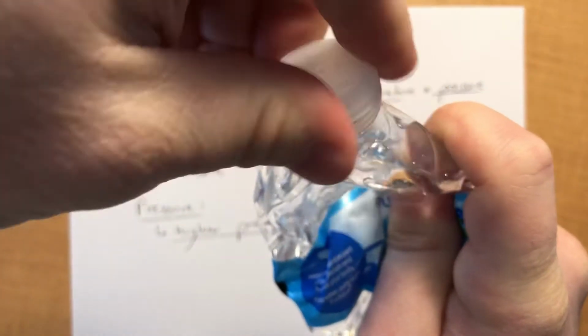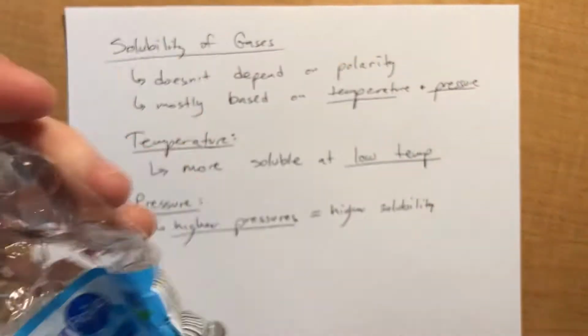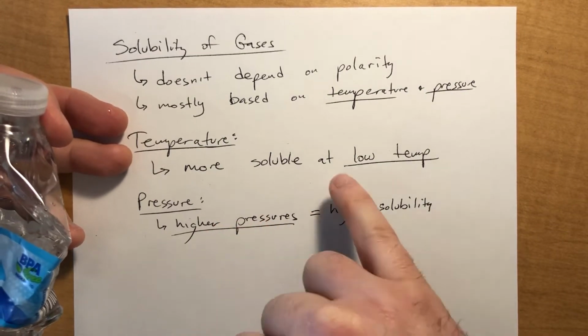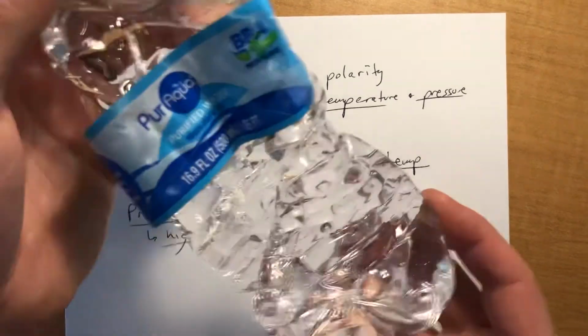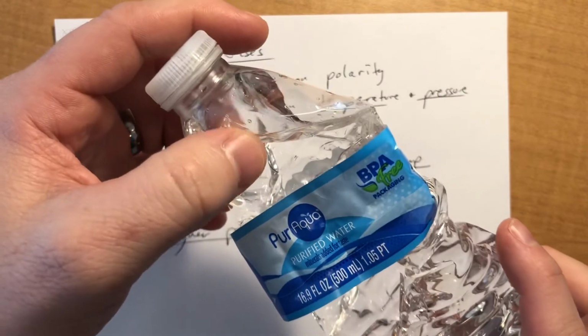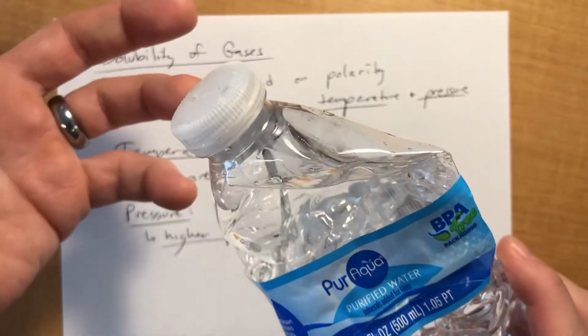And then you're going to put the lid on so that there is as little space up there as possible. You're trying to not give the gas anywhere to escape to. And you're going to store it in the fridge. Cold temperatures will keep it dissolved. And if you keep a minimum amount of space in there, there's nowhere for the gas to go.